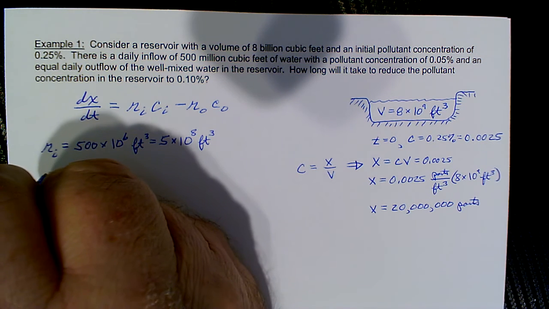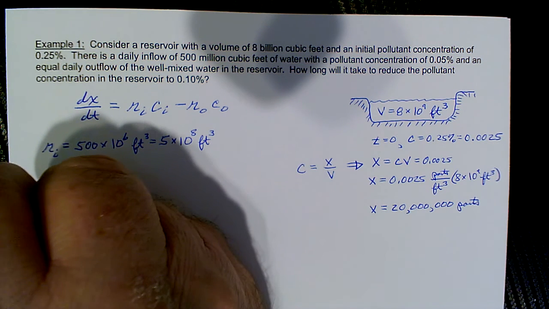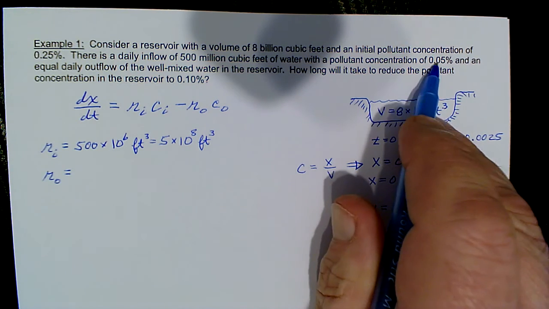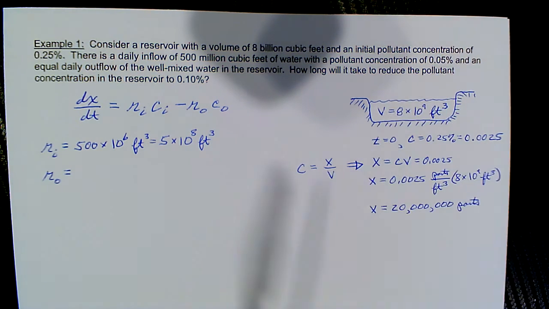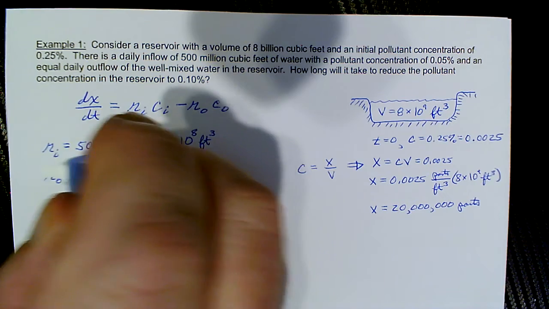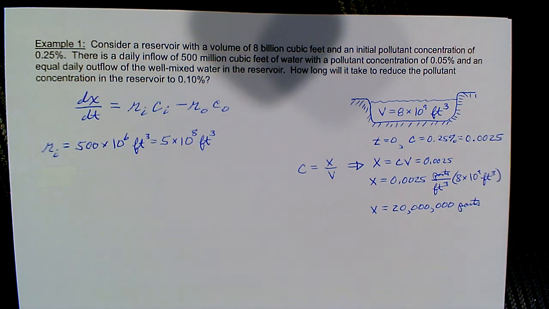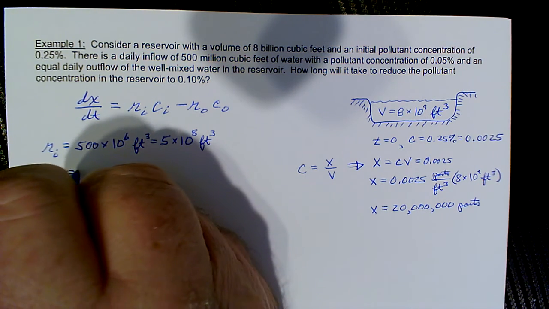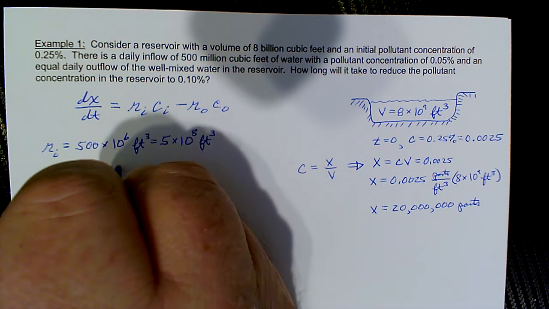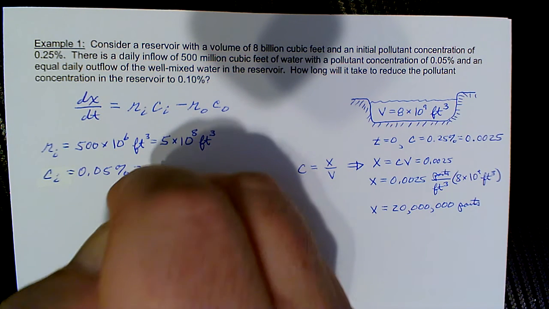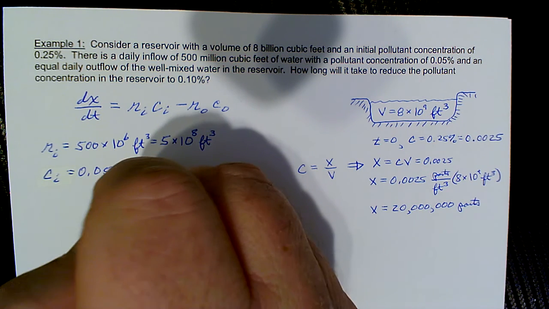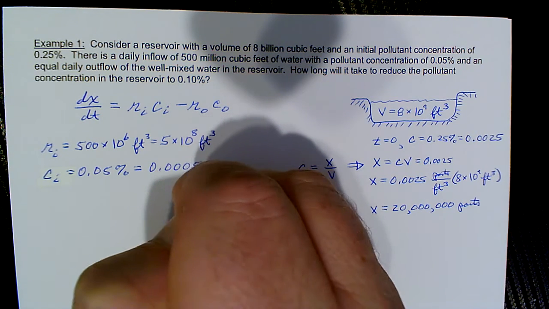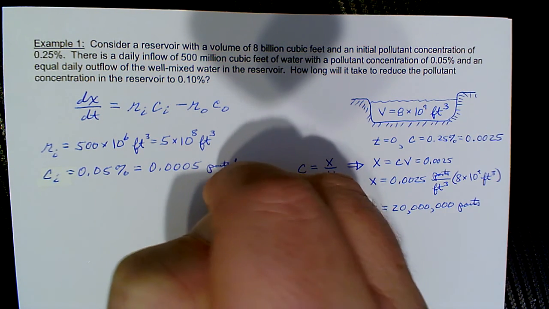The rate of the concentration, well, let's say the rate out. Here's the concentration in. Maybe we'll go for that next time. Okay, so then the concentration in is 0.05%, which as a decimal would be 0.005, and that's parts per cubic foot.